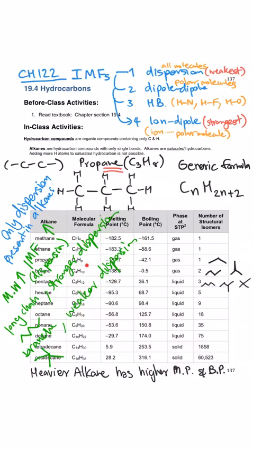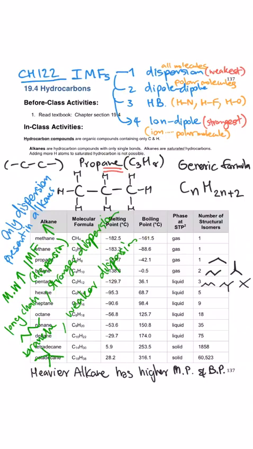As the molecular weight increases, as the molecule becomes heavier, you will see that it's going to end up having a stronger dispersion. As the strength of the dispersion increases, the molecules are tied together more strongly. Therefore, the physical state would change from gas that is more dispersed, to liquid that is more condensed, which indicates that the molecules are held by each other more strongly, and the strongest one would be in the solid state. And that is also going to affect the melting point and boiling point as well.